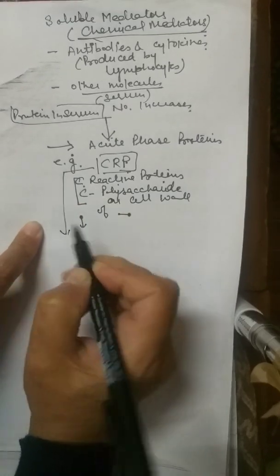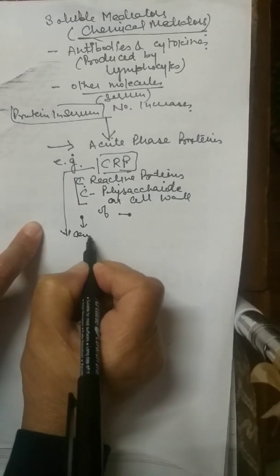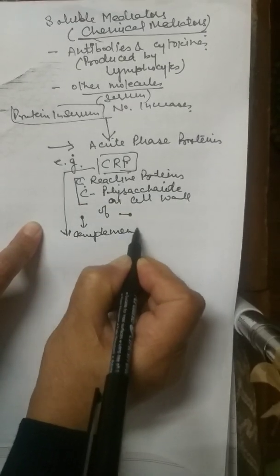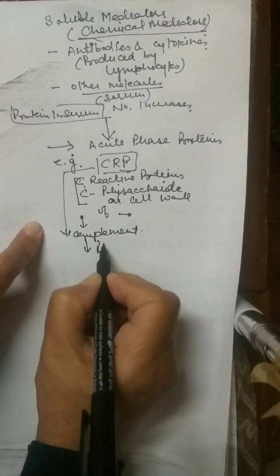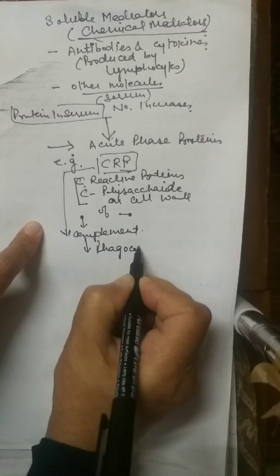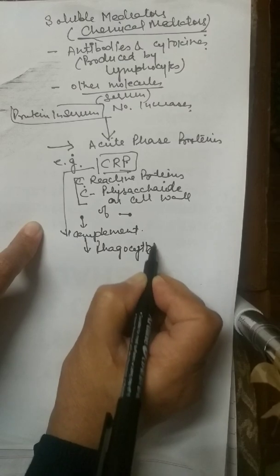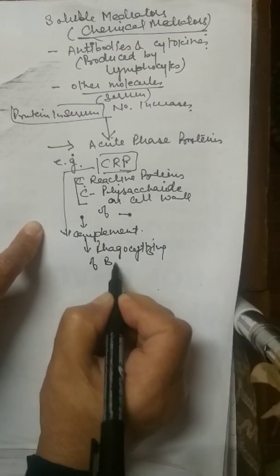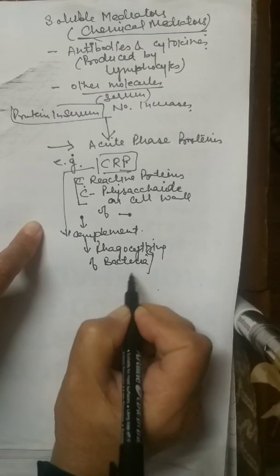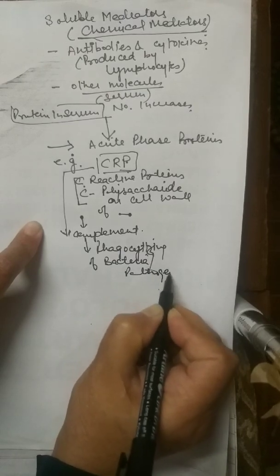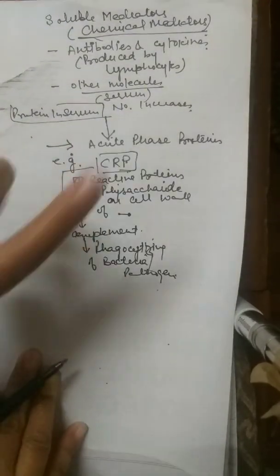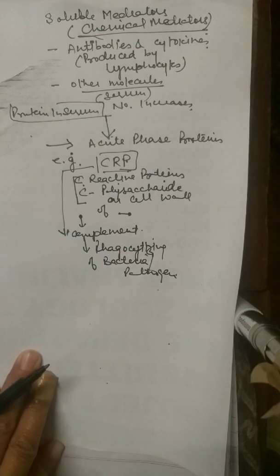CRP activates the complement system, and then it helps in phagocytizing the bacteria or any kind of pathogen. So this is the role of acute phase protein. One example was CRP.